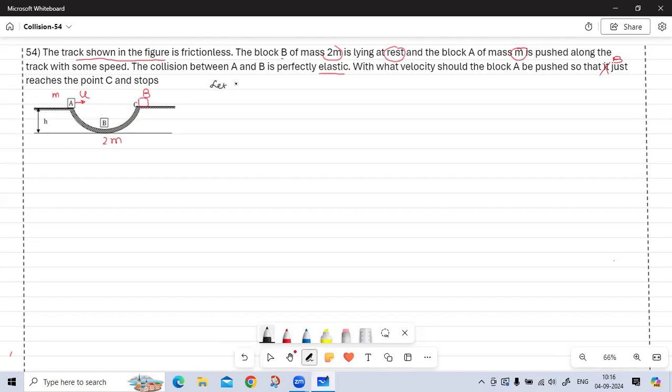Let the required velocity of A, velocity just before impact, just before collision.